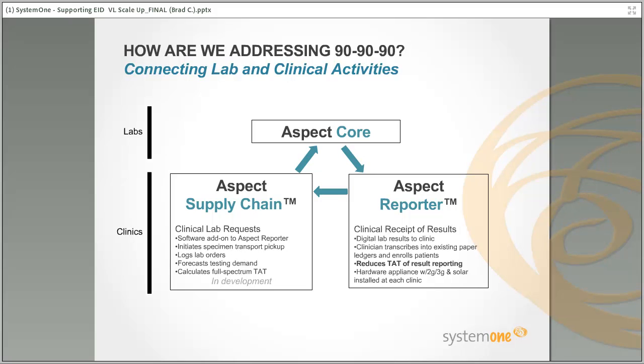And then the supply chain is one of our products which is still in development, which really closes the loop between the clinics and the labs, where now it's not just clinics collecting samples, sending them to the labs, and waiting for the results. You can actually now start the ordering process so that the labs can also factor this into their workflow, with integration with existing laboratory information systems for order processing.